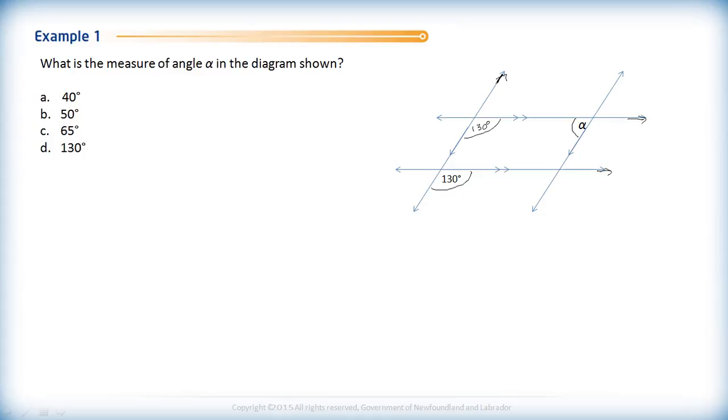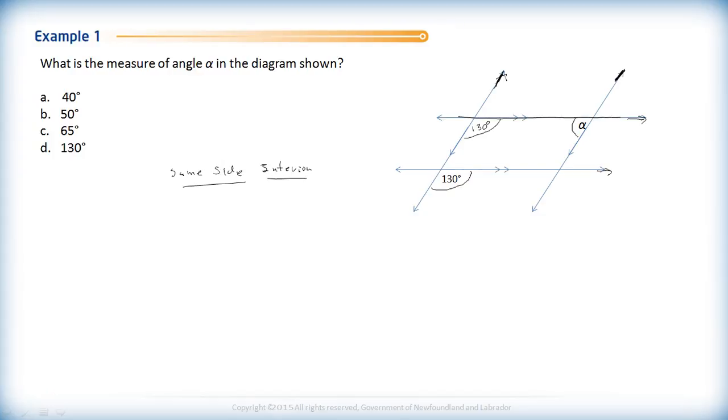All right, now I want to switch my mind around a little bit, and think of these two lines as my parallel lines, and this one as my transversal. If that's the case, then alpha and 130 degrees are inside the parallel lines, so they're interior angles, and they're on the same side of that transversal, so they're same side interior.